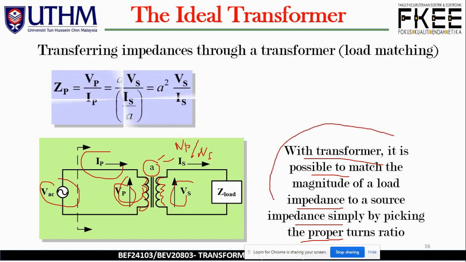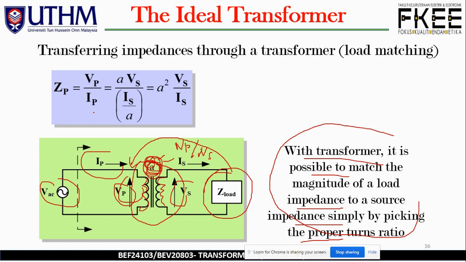According to this statement, we can actually match the magnitude of load impedance to a source. We could say that the load can be transferred from here by crossing the transformer, especially the turns ratio A. So this is how we analyze.